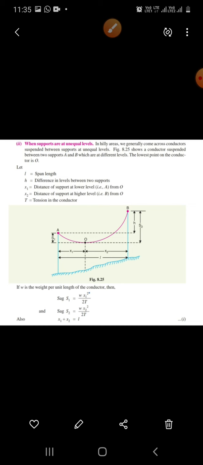Now we can write S2 minus S1 as w by 2T whole into x2 square minus x1 square. So we can write w by 2T whole into x2 plus x1 into x2 minus x1.